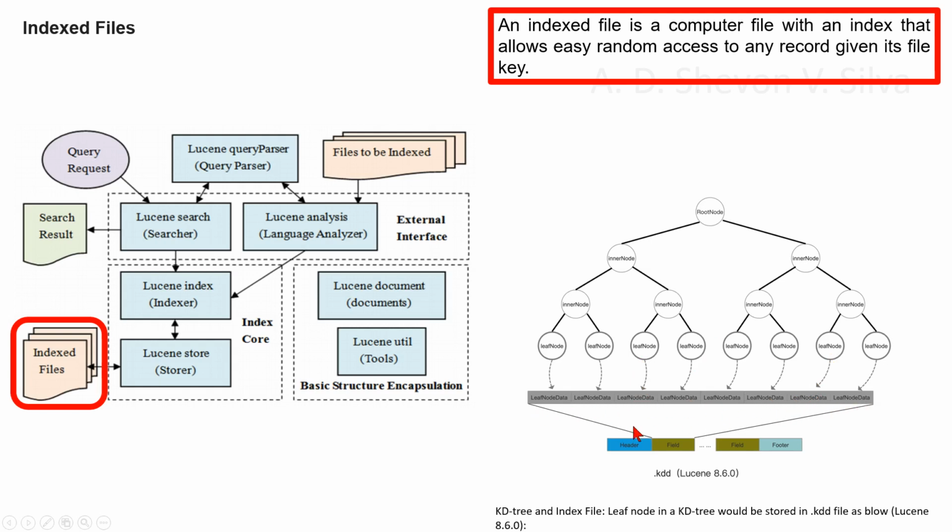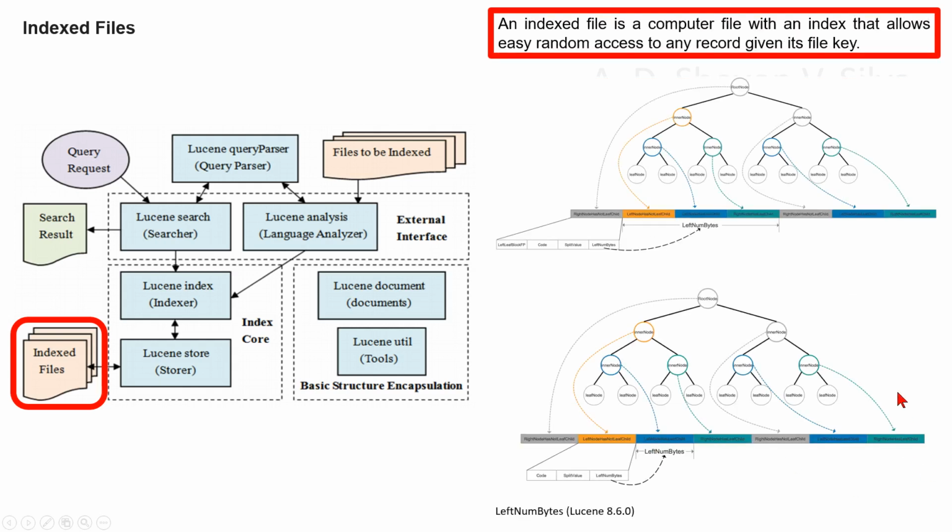This segment is a field in the .kdd file. You can see the header here, the fields here, and the footer here. Here you can see the left num bytes.